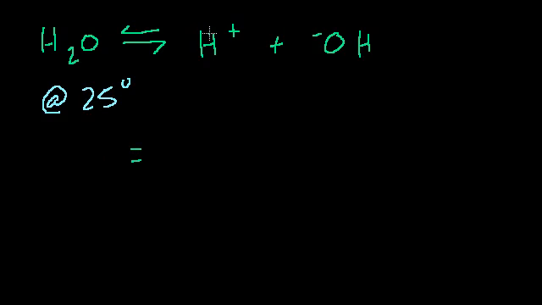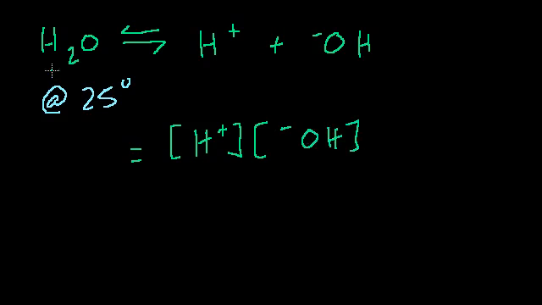that's the concentration of the products divided by the concentration of the reactants, but the reactant in this case is just water. It's the actual solvent, and it's everywhere. So if you just go back to that intuition example, the probability of finding it is 1 in any, so it's just always there, so you don't include it.